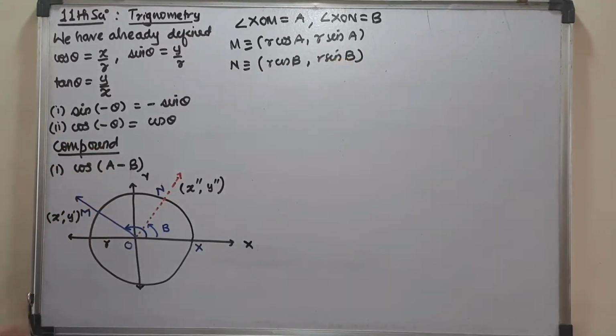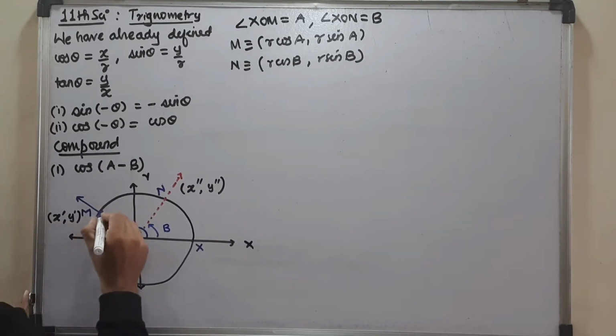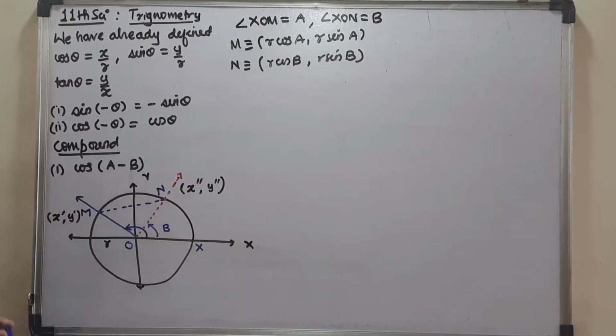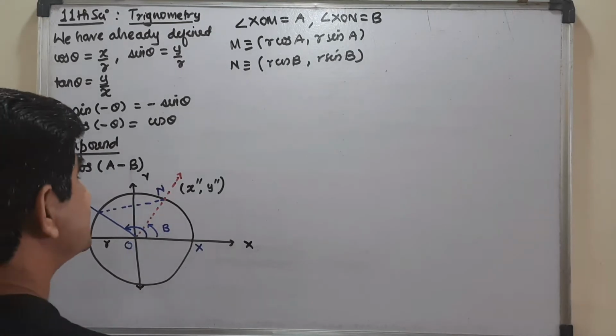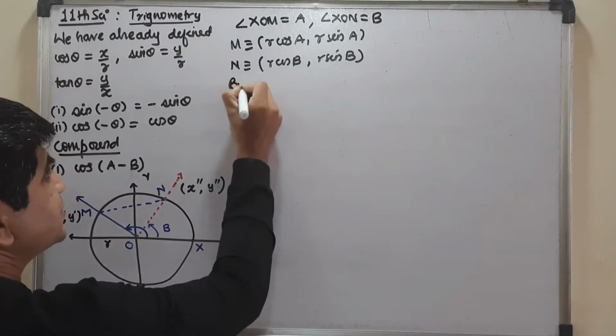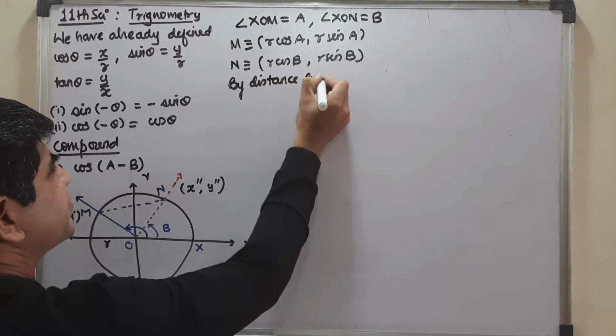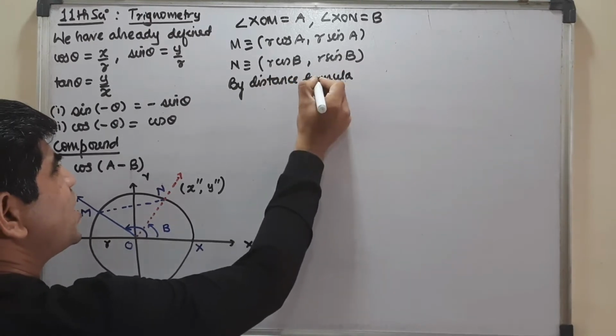Okay. So what could be the distance between this M and N? If I am interested to find the distance between M and N, by the distance formula, what do I get?